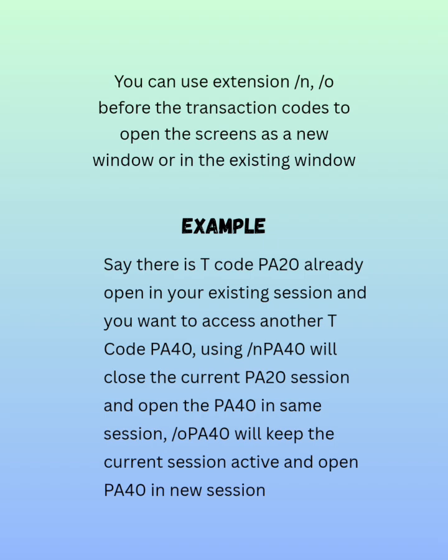Example, if you have a T-code PA20 open and now you want to go to another T-code called PA40, using /n PA40 will close the existing session of PA20 and you will go to a PA40 transaction. If you use the transaction /o PA40, then the existing PA20 session will be as is and you'll go into a new session of PA40. So this is an example, you can try it out.